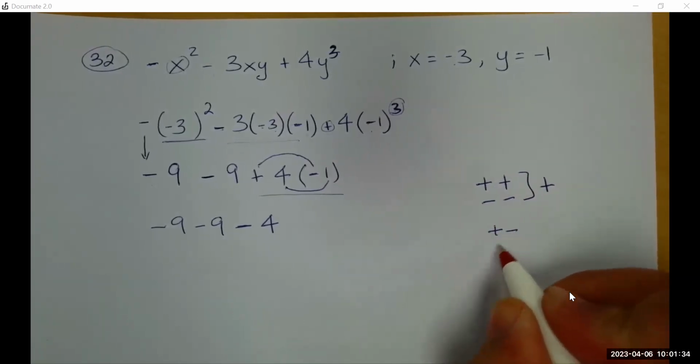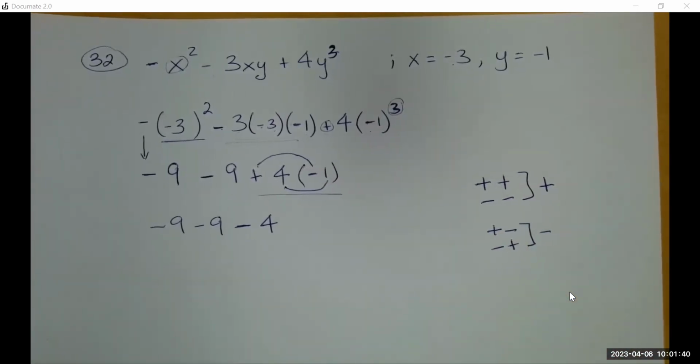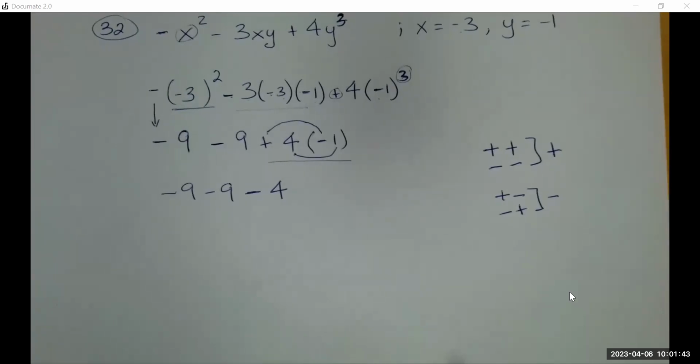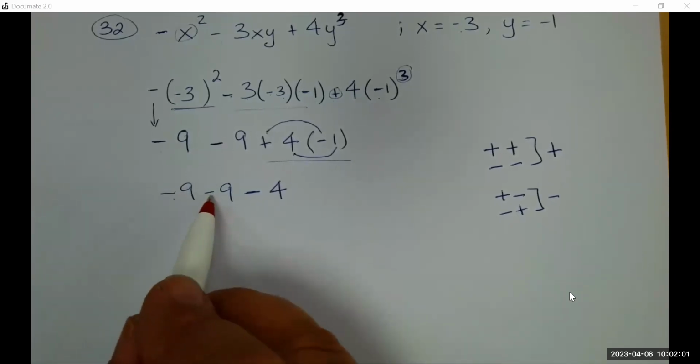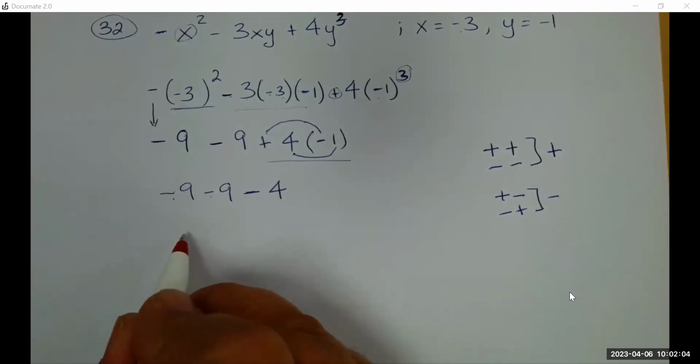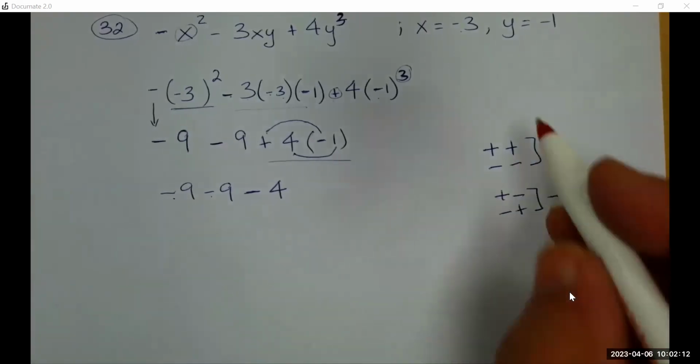If the signs are different, it becomes a minus. Is it going to be positive or negative? Nope. This only works when you're multiplying.